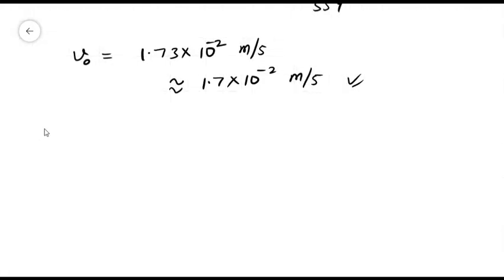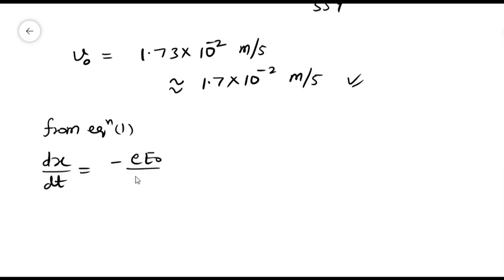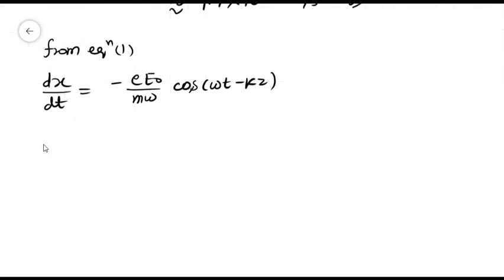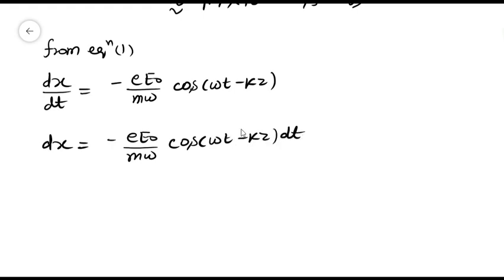From equation 1, dx over dt equals minus e E naught divided by m omega cos(omega t minus kz). Multiplying by dt on the right hand side, you get dx equals minus e E naught divided by m omega cos(omega t minus kz) dt.